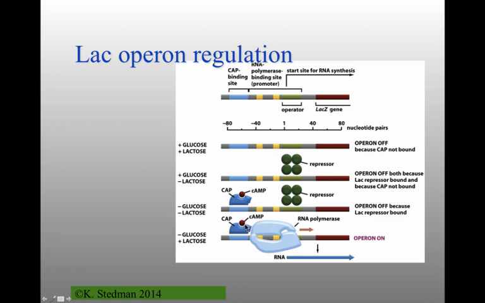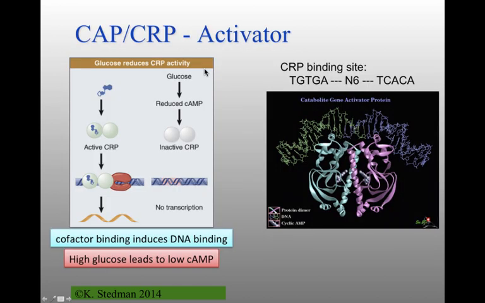Now, that activator protein is called either CAP or CRP. Depends on what research group you happen to be working with. So it's either the cyclic AMP binding protein or the catabolite regulator protein. It binds to cyclic AMP. Cyclic AMP is made when cells are under starvation conditions, i.e. no glucose. So if you have no glucose, you make cyclic AMP. Cyclic AMP binds to this protein.